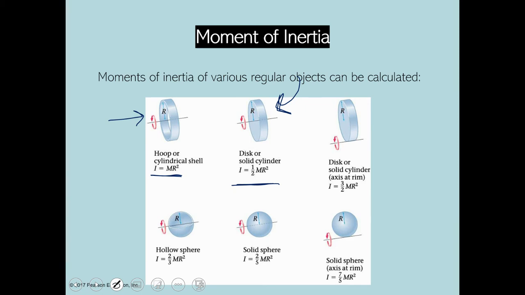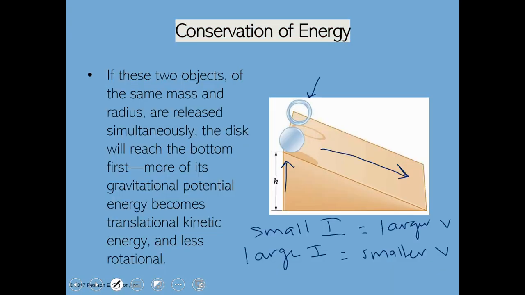Well, for the hoop, we see it's mr squared, but for the disc, we have 1/2 mr squared. So we're going to have the mr squared term, but we're dividing it by 2. So the moment of inertia of the disc is going to be smaller than that for the hoop, meaning this disc is going to make it to the bottom first. So the disc would be our winner here because it has a smaller moment of inertia.